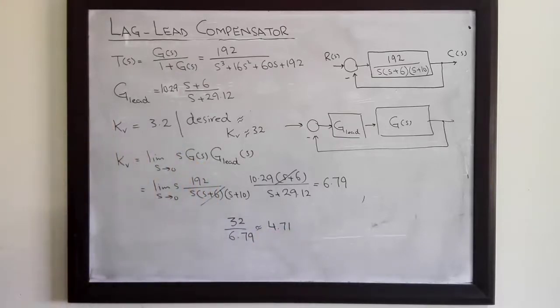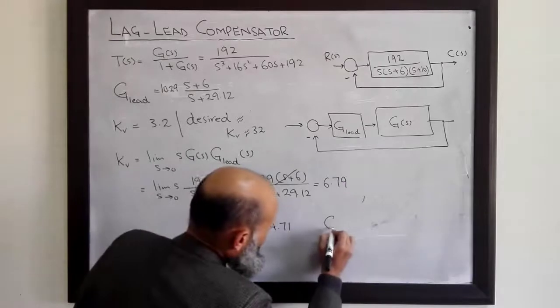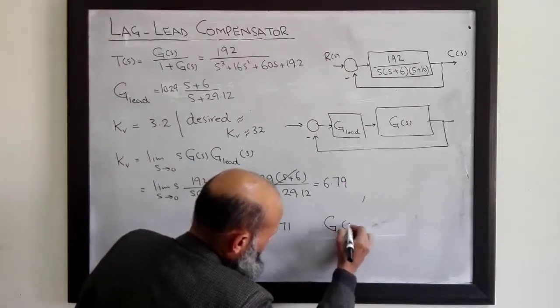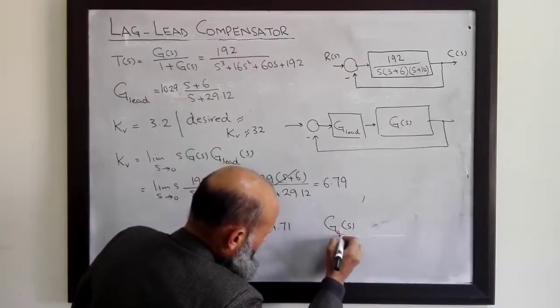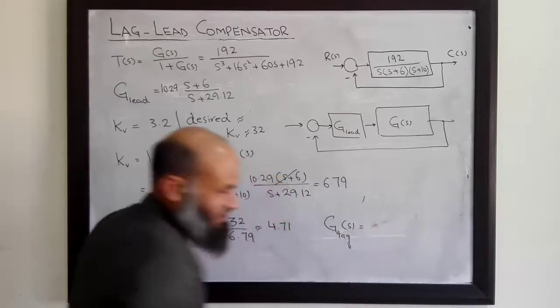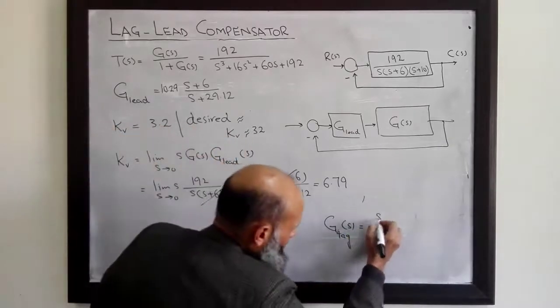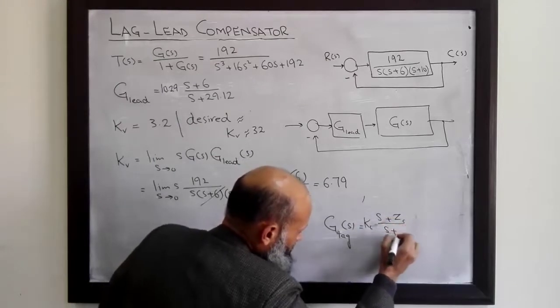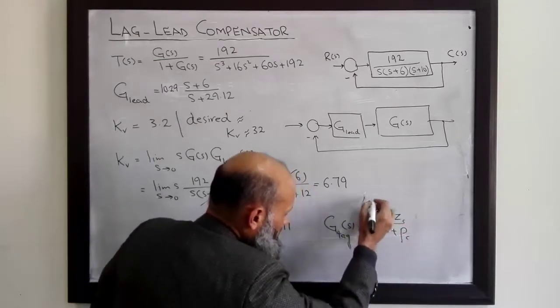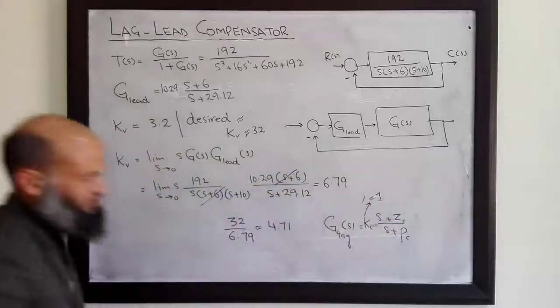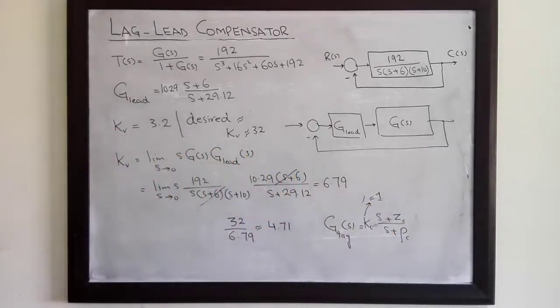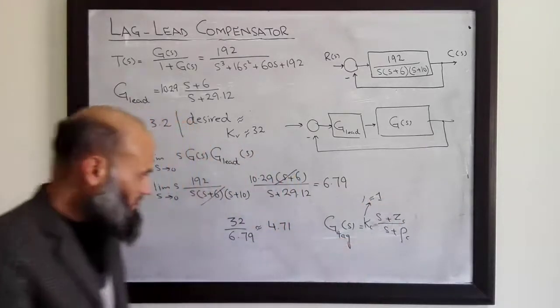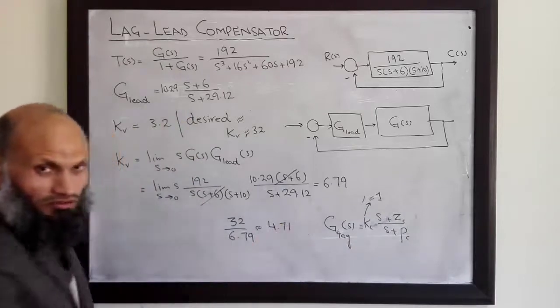So the design of the lag compensator is very easy. You remember Gc of s, let's call it the lag compensator, is given by Kc, s plus zc over s plus pc. This Kc always comes out to be nearly equal to 1. The ratio of zc and pc is selected to be equal to this improvement.